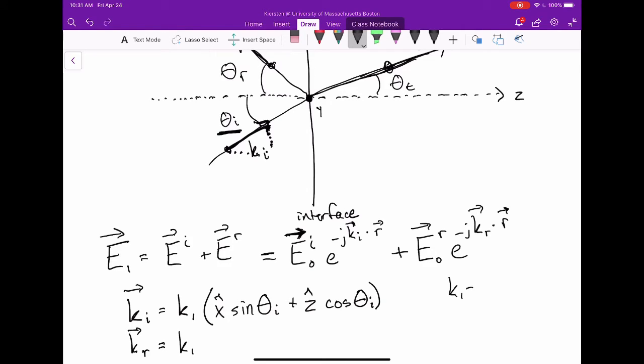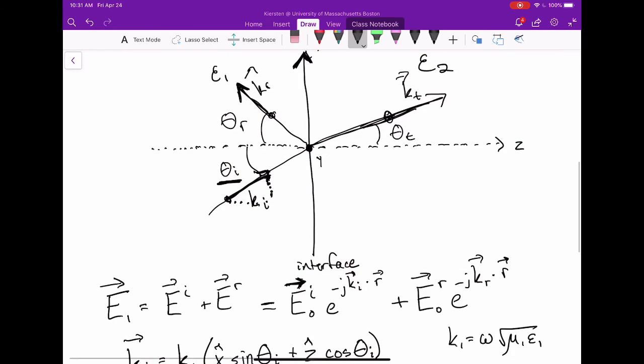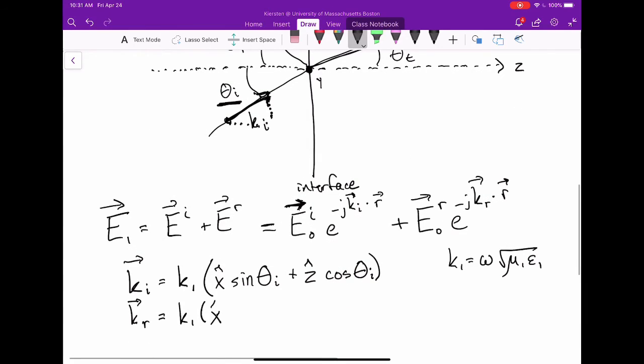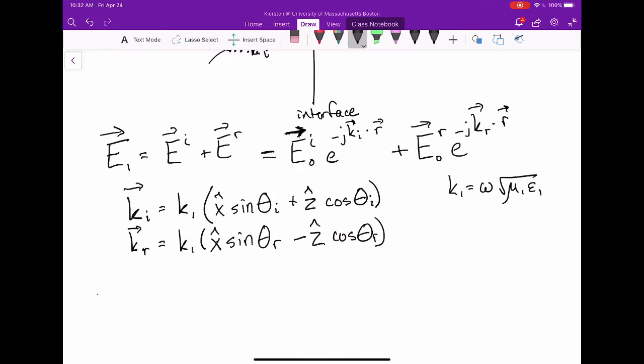If you remember, k1 is omega times the square root of mu1 epsilon1. And then kr is going to have opposite z dependence. It's going to point in the negative z direction, and in the positive x direction. So it's x hat sine theta r minus z hat cosine theta r. So far, so good. I can write a similar thing for the field in medium 2. The field in medium 2 is just the transmitted wave. So it's the amplitude and polarization information about that transmitted wave times e to the minus j kt dot r.